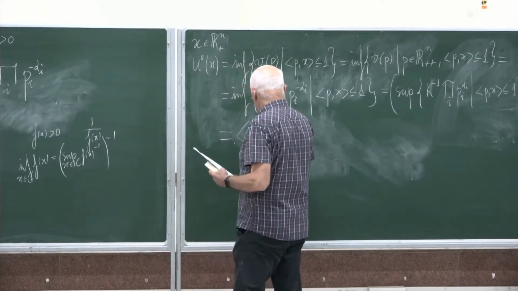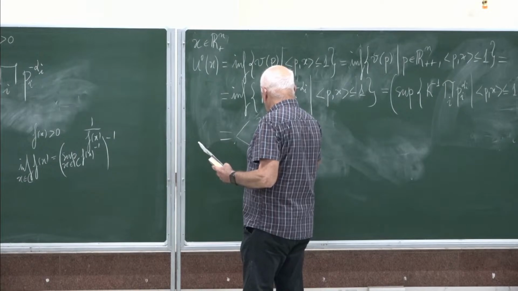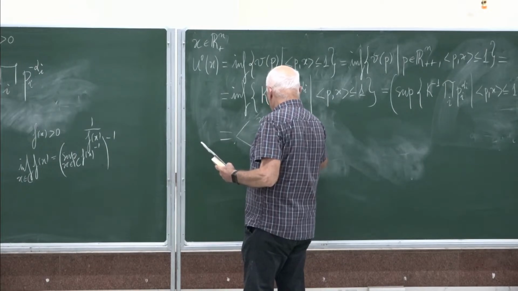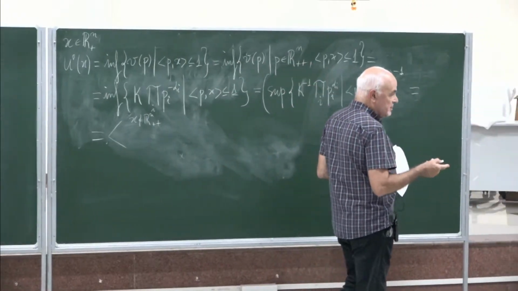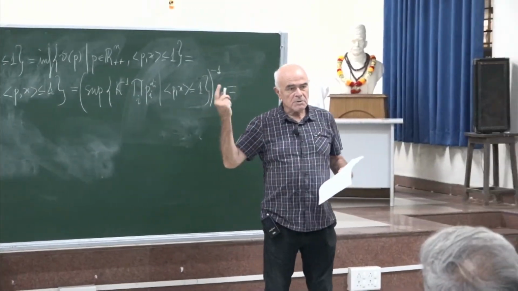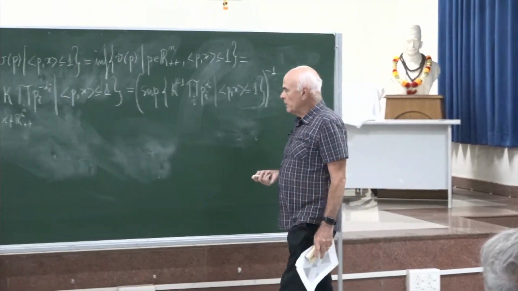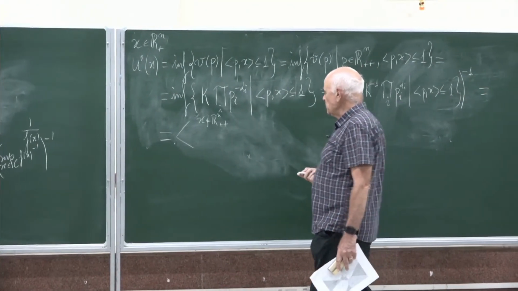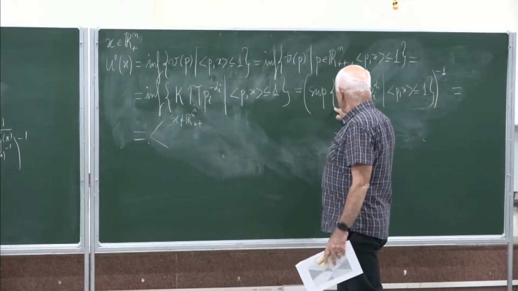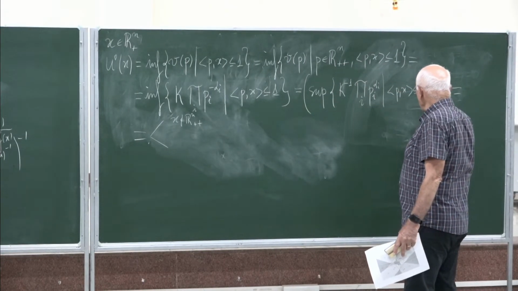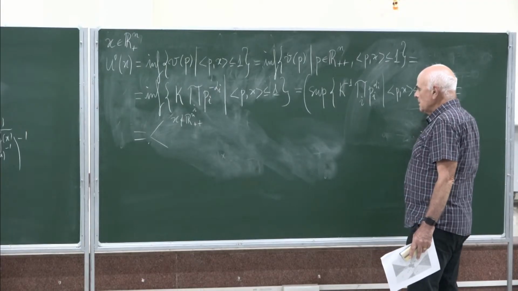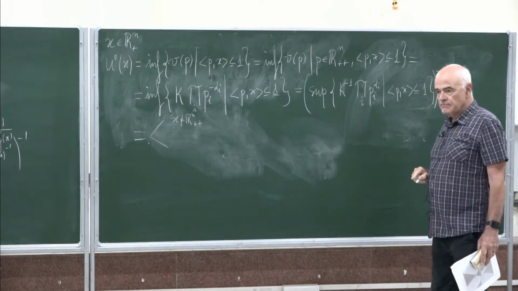If x is not strictly positive, then we know, because we already made this comment when computing the indirect utility function, that this supremum is plus infinity.